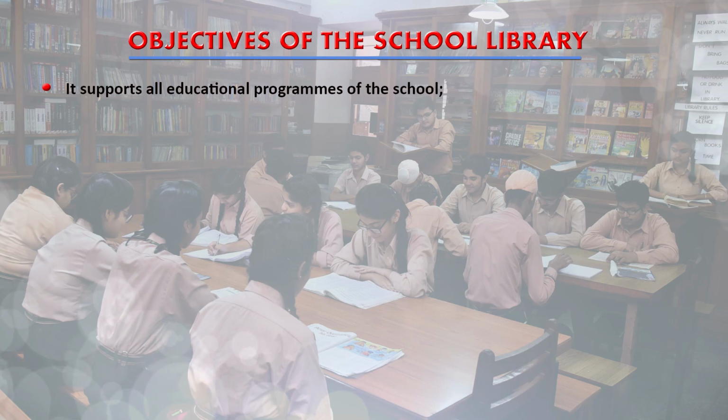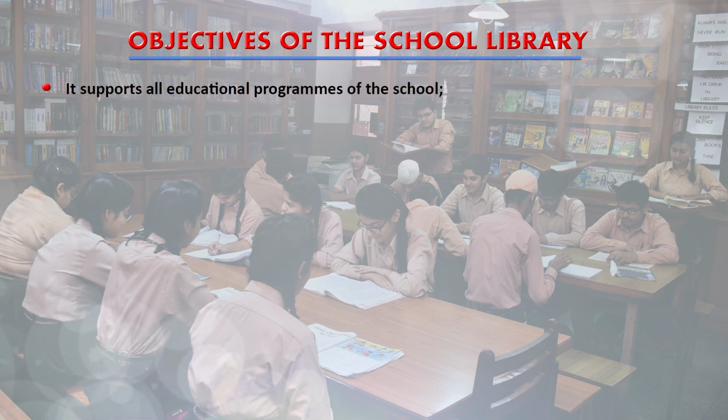Then the objectives of the school library. The main objective of the school library is to support all educational programs of the school. Suppose it is a primary school, so the main objective of the school library is to support the primary children. If it is a secondary or higher secondary school, the library will support the users of that level.